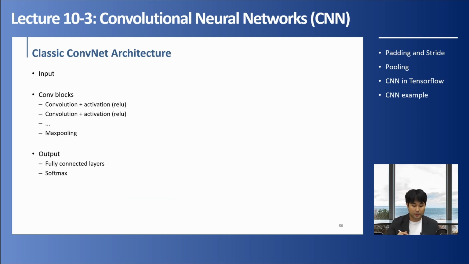So for a typical or the classic convolutional neural network architecture, we first have our input of the neural network, followed by convolutional blocks that I've just described in the previous slide. And within each block, we typically have consecutive convolution operations. So you have your first convolution operation followed by your second.